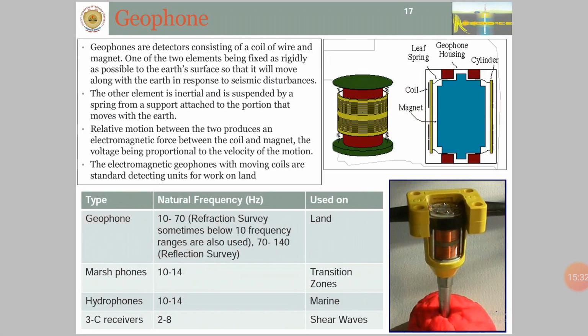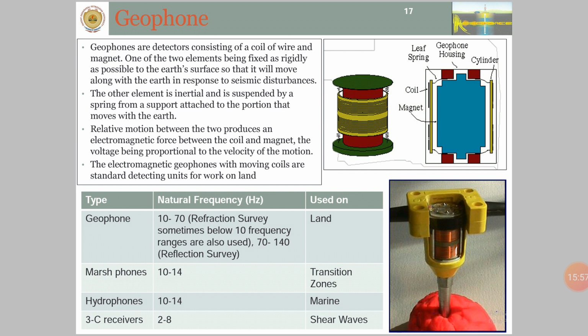Now, the geophone is one of the important instruments in the acquisition of refraction and reflection data. Geophones are detectors consisting of a coil of wire and a magnet, one of the two elements being fixed as rigidly as possible to the Earth's surface so that it will move along with the Earth in response to the seismic disturbances.